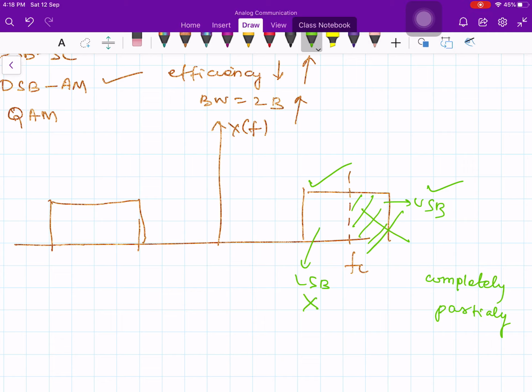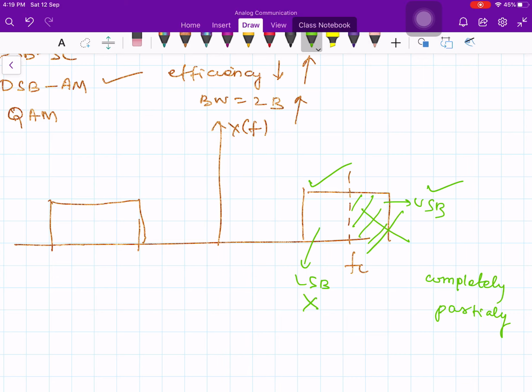Because there are pros and cons on each of them. Sometimes we cannot suppress it completely, but we can ask, can we suppress partially, so that we can save some amount of bandwidth. In some cases we can suppress the sideband completely. Okay, so we will see some examples for both the cases as we go along.